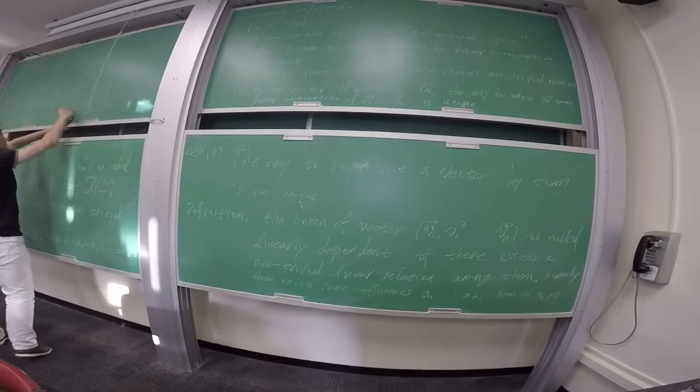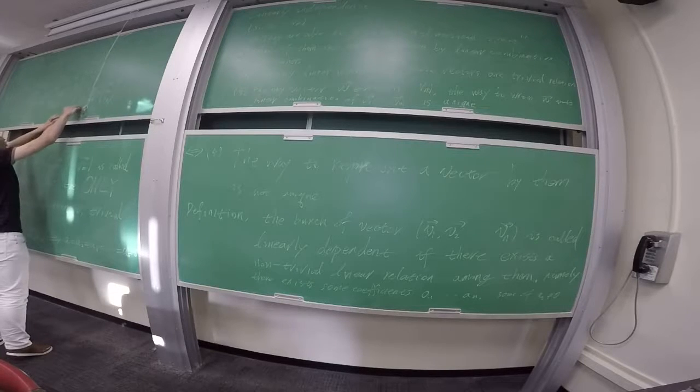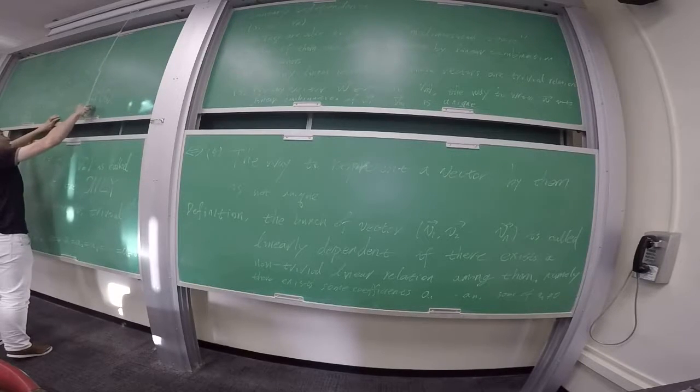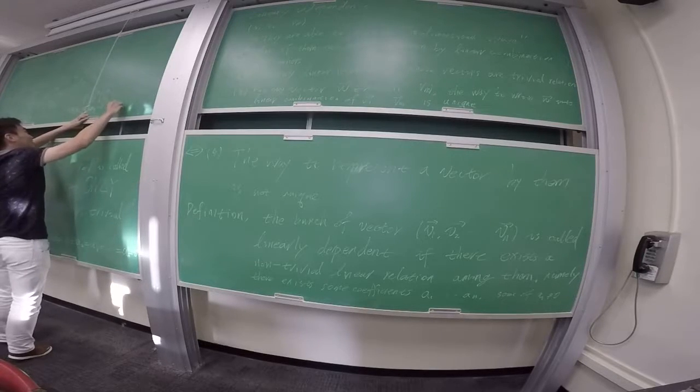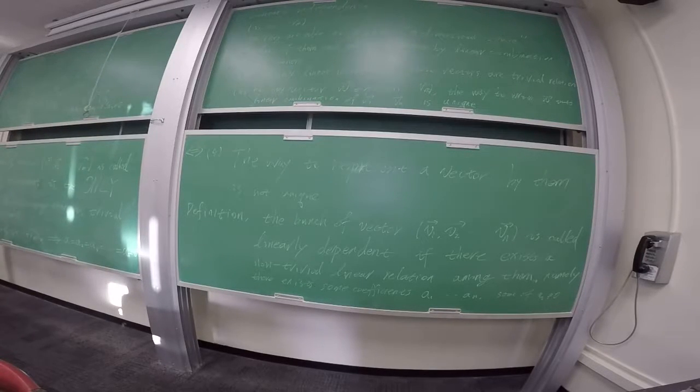So you know that a1 is equal to 0, a2 is equal to 0, and a3 is equal to 0. So this is what I mean by it forces the coefficients to be 0. They dare to make such a linear combination to produce (0, 0, 0), and they die, right?